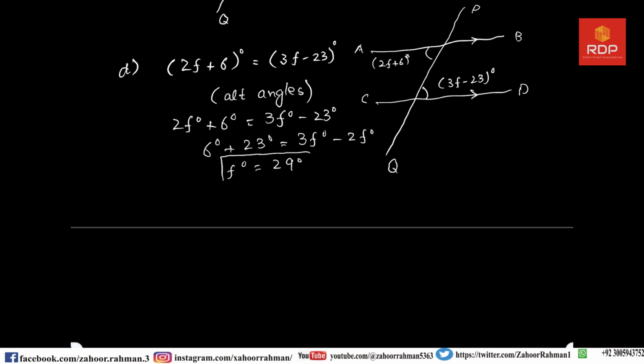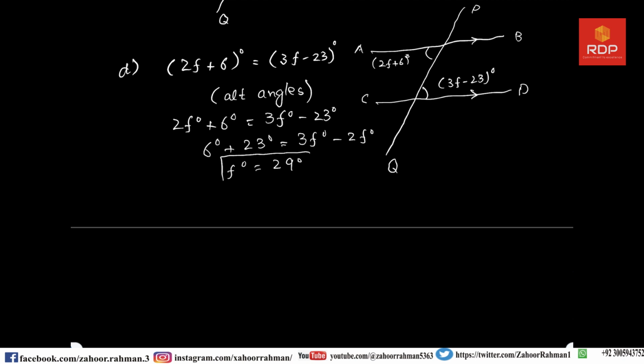One angle, which is this one, is given as 2f plus 6 whole degree, and the second one is 3f minus 23 whole degree. Keeping in mind this information, we are going to solve this.